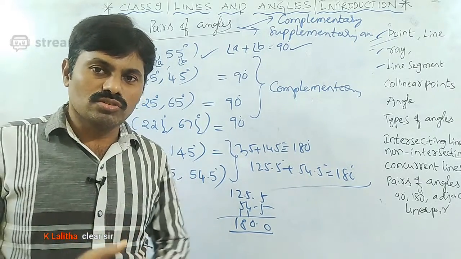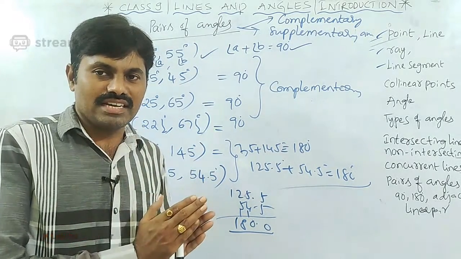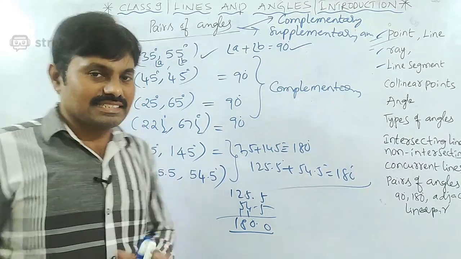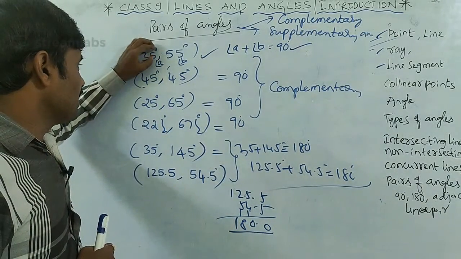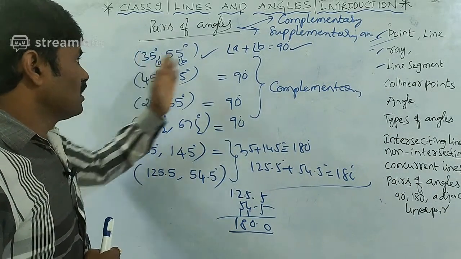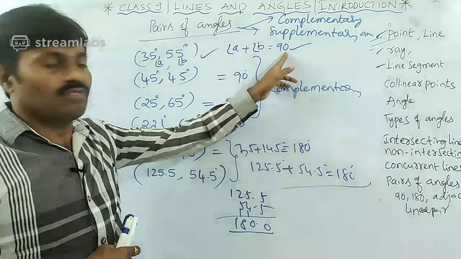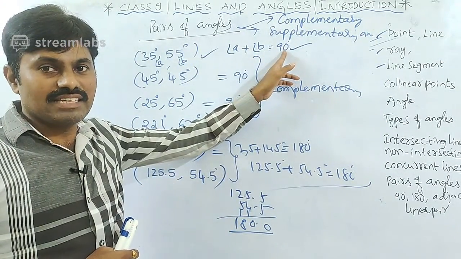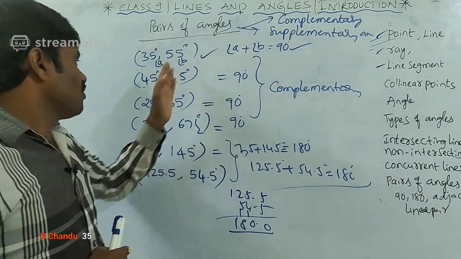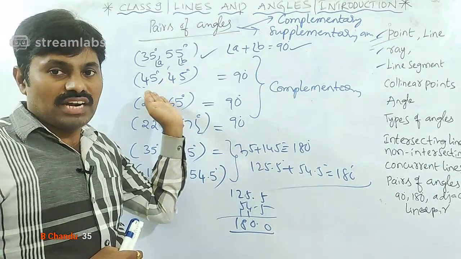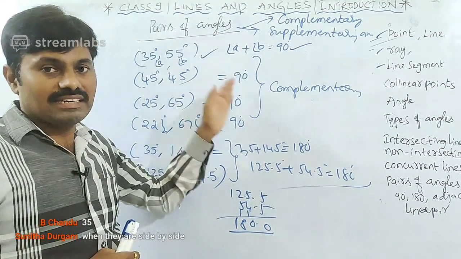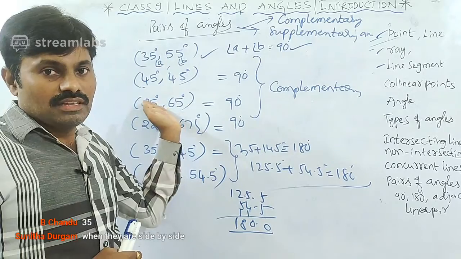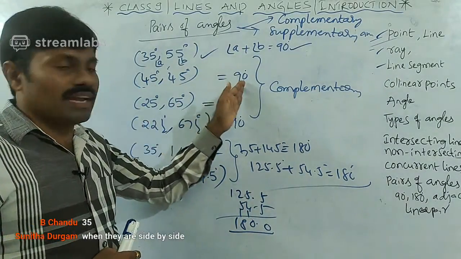So what should we do? We should subtract 47 degrees from 90 degrees. See, for the complementary angle of 35, I have to subtract 35 from 90. 90 minus 35 is 55. For the complementary angle of 45 degrees, I have to subtract 45 degrees from 90.